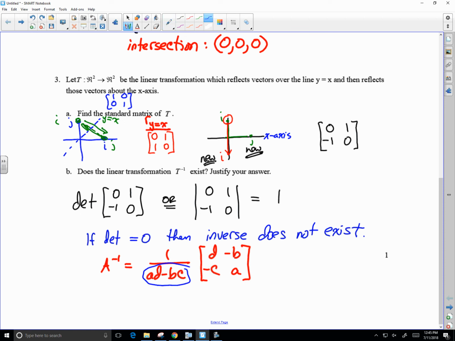This part here is the determinant of A. If it's equal to 0, then my inverse shortcut is undefined, so therefore it does not exist. And this is the proof. I mean, it's a shortcut, but it's not a conditional shortcut. It's not something that works only some of the time. This comes from our process that is the definition of finding the inverse of a square matrix. So if it doesn't satisfy this, it's not a thing.